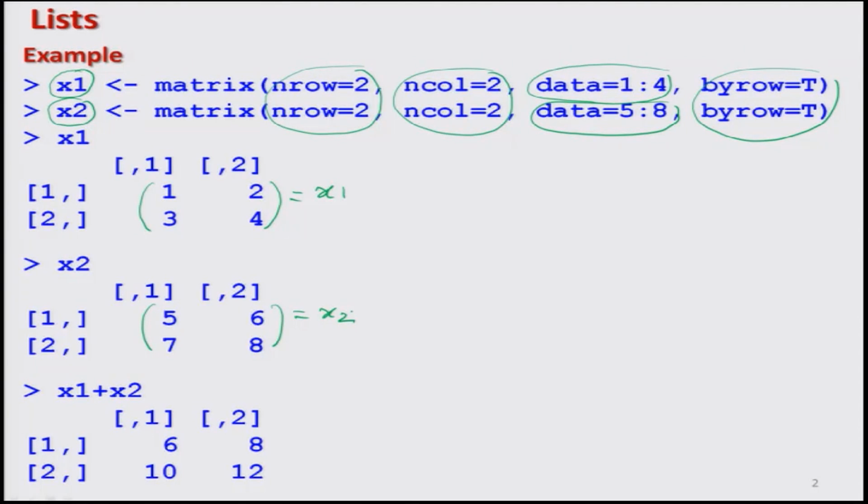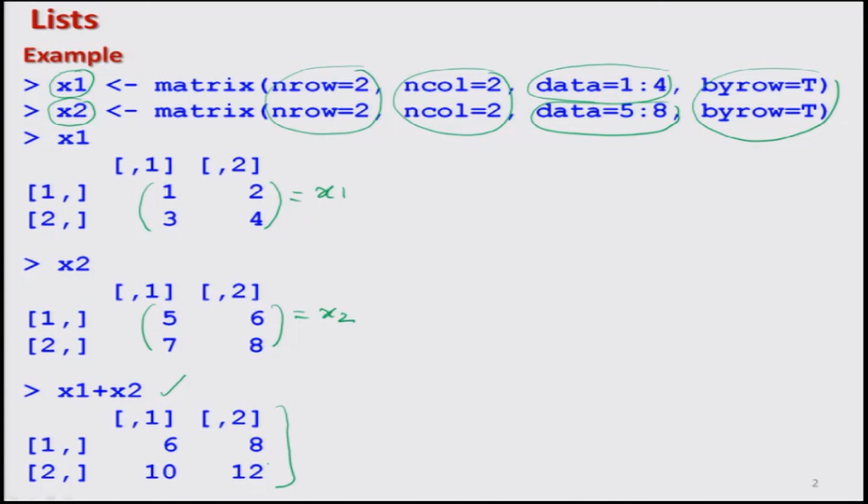And in case I try to find out the addition of x1 and x2, I get this. What I am trying to show you here is that in case I create two matrices which have all numbers, then it is possible to have a mathematical operator over them. For example, I have used the addition of x1 and x2, and we can see the outcome.